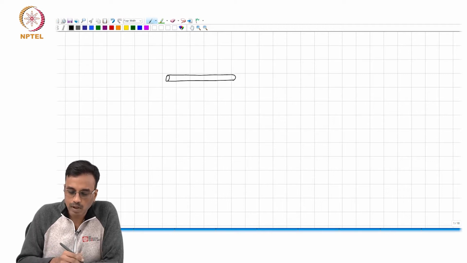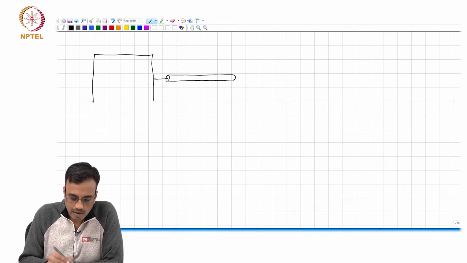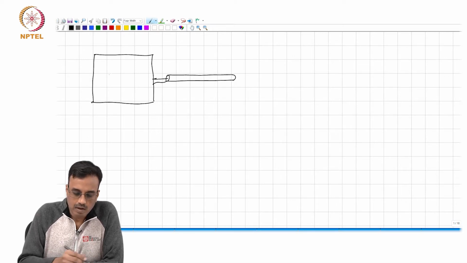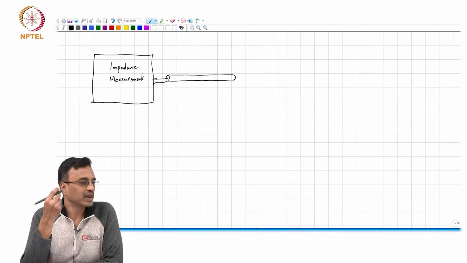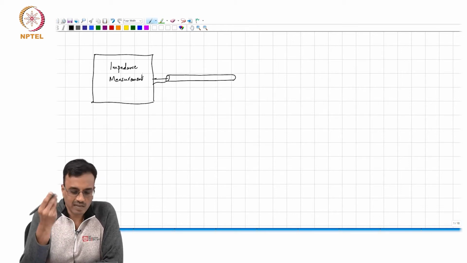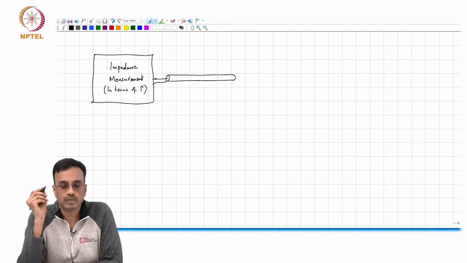We have some sort of cable connecting the measurement equipment, which is basically some box, right, basically an impedance measurement unit, and what it does is in terms of the reflection coefficient gamma, all right.